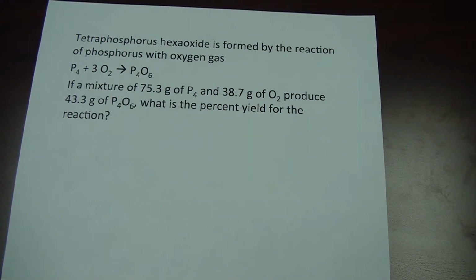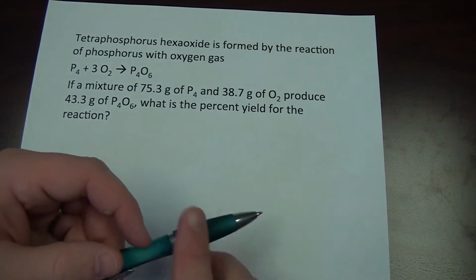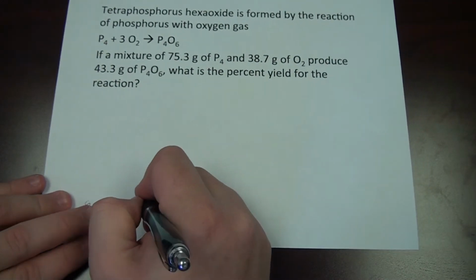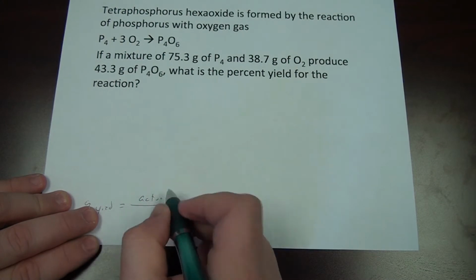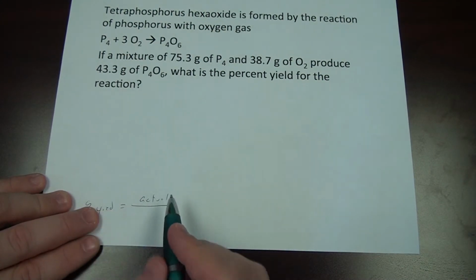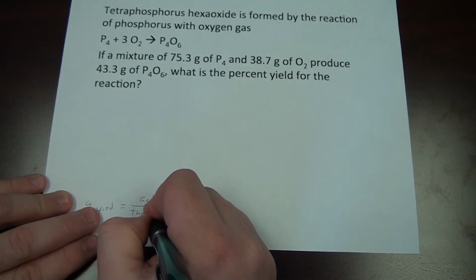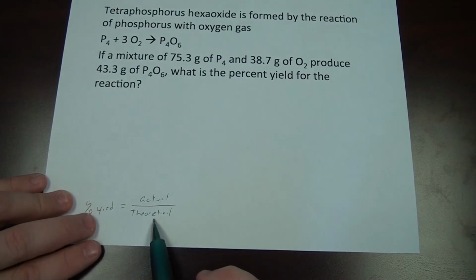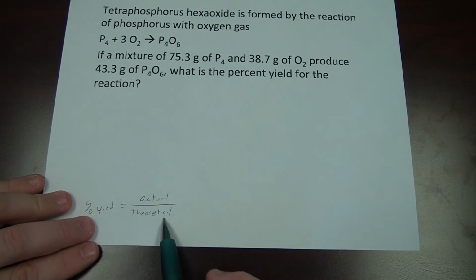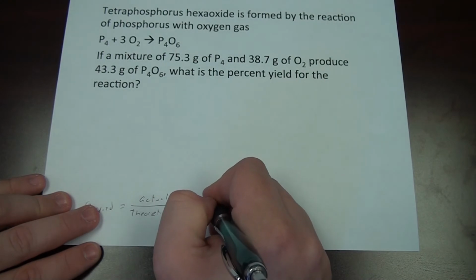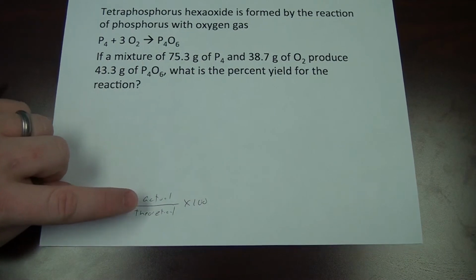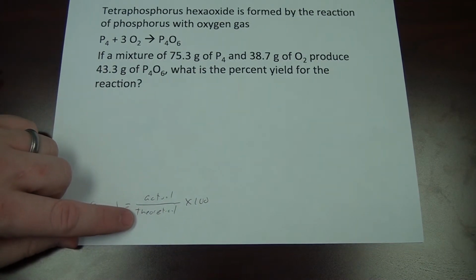Right? So this is a new sort of concept. The percent yield is going to be equal to the actual amount that we formed, right? This 43.3 grams, divided by what we should in theory form, or the theoretical yield, which we will have to solve for using stoichiometry, times 100. So given this actual yield, we have to actually calculate the theoretical yield.